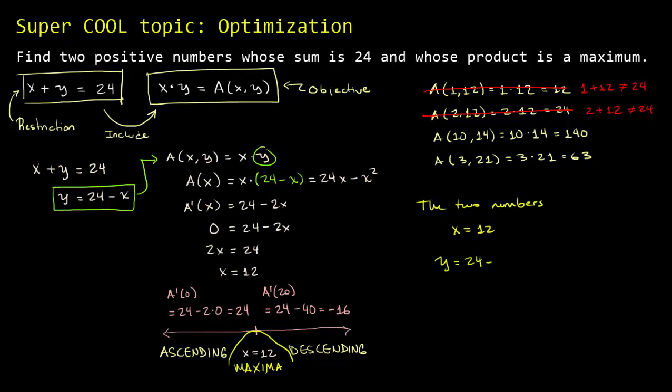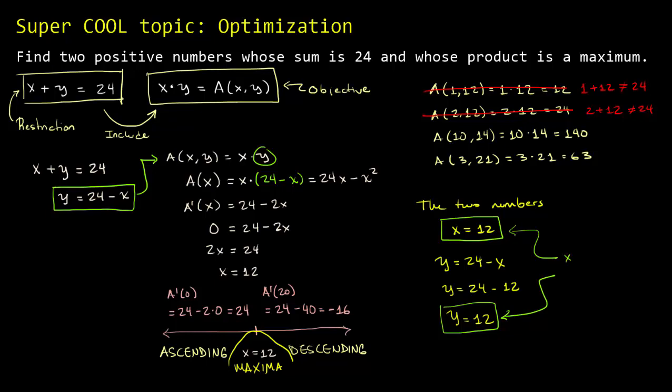I'm actually going to write the formula. So we substitute the 24 minus 12, because x would be 12. So this will produce at the end that y is as well 12. So these two numbers, x equal to 12 and y equal to 12, write it.